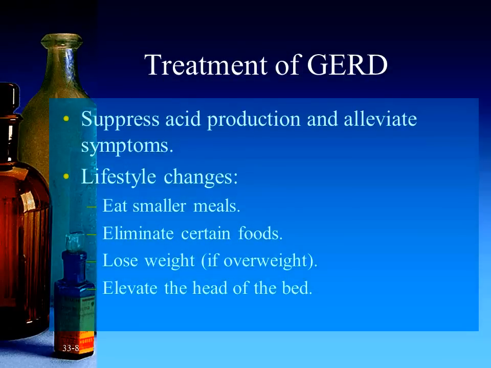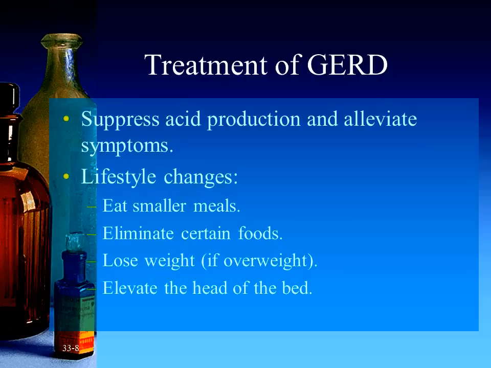What do we do? How do we treat it? Well, very similar. You're going to see it almost parallel here what we talked about with peptic ulcer disease. First, the idea is that we suppress the acid, reduce the amount of acid, and alleviate the symptoms.